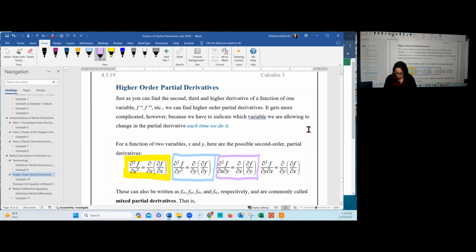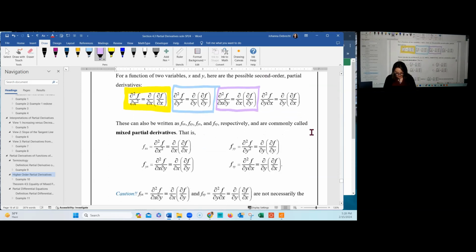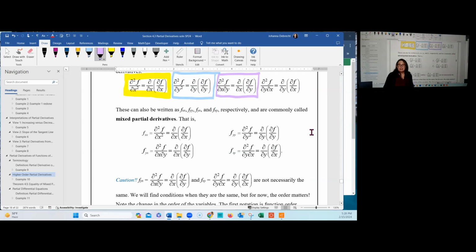There's another notation that we can use for these that makes it a little more complicated, I think. We can write it with the function name, or z or w, whatever the dependent variable is, with the subscript notation. However, in this case, you read the subscripts left to right, not right to left.